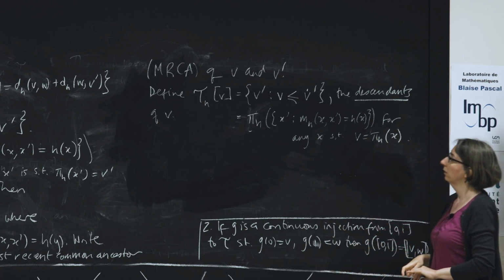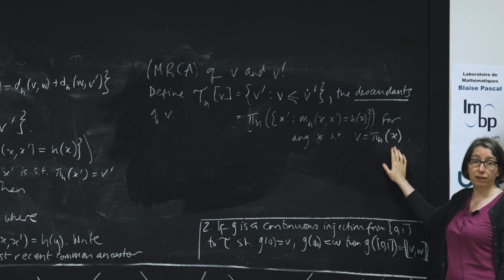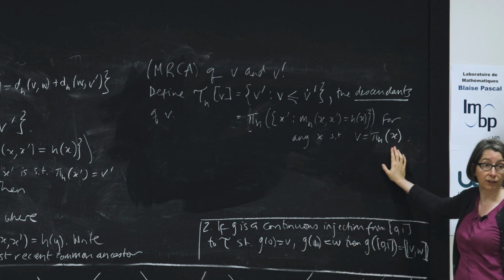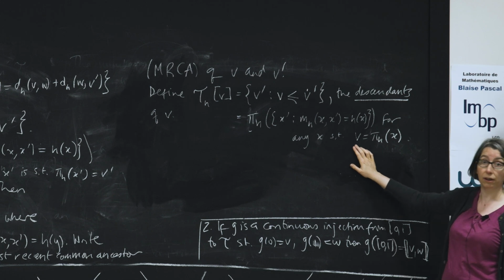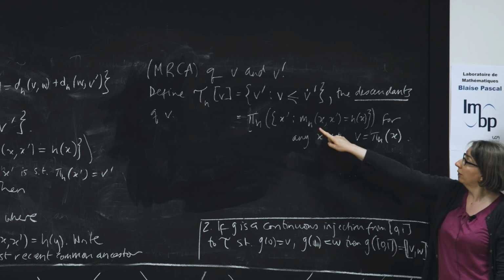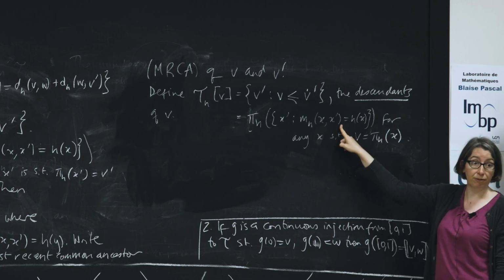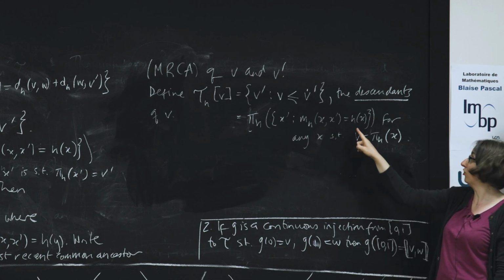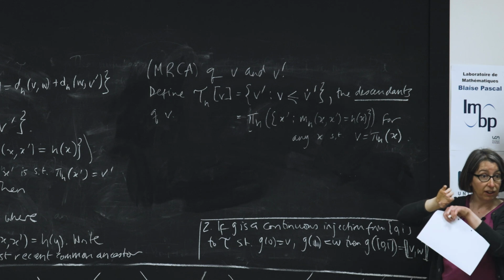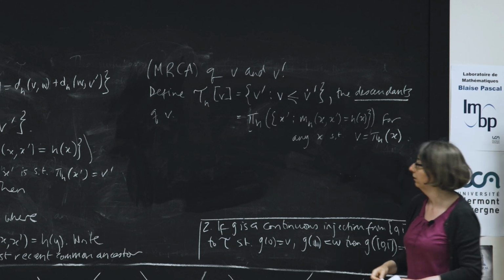So I take some representative of the equivalence class that's giving me v, and I ask which of the points x primed are such that the minimum of the function between x and x primed is achieved at x. And that's going to be the subtree that's rooted at v.